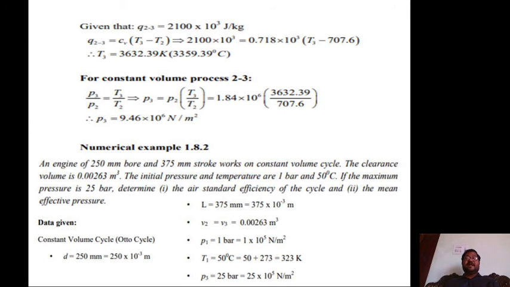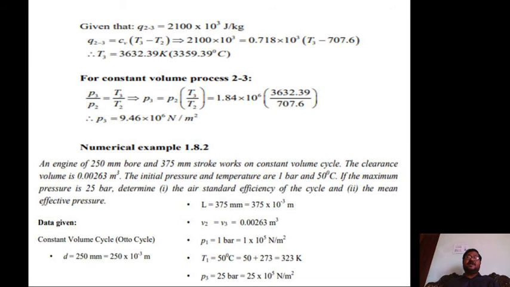All are the same. You may call it in four manners: directly Otto cycle, constant volume cycle, SI engine cycle, or petrol engine cycle. These are the other names of the Otto cycle. You may call it by any name, but that is the Otto cycle.